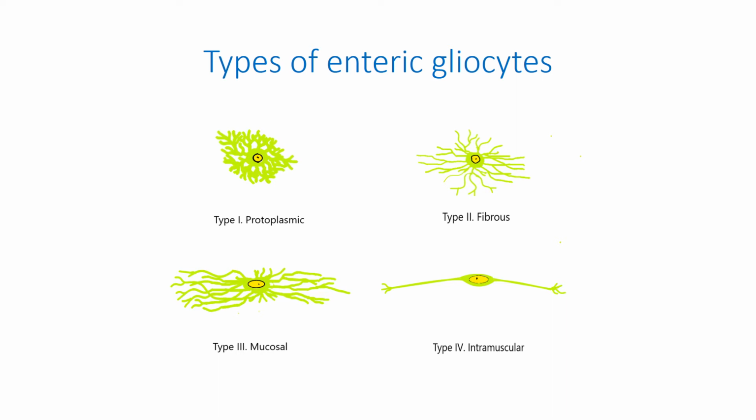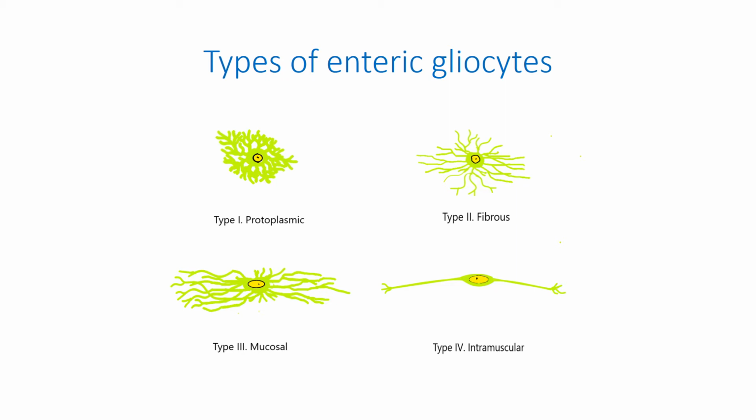The elongated glia sites within interganglionic fiber tracts resemble fibrous astrocytes, and they were called fibrous or type 2 enteric glia sites. Later, this original morphological classification was extended.